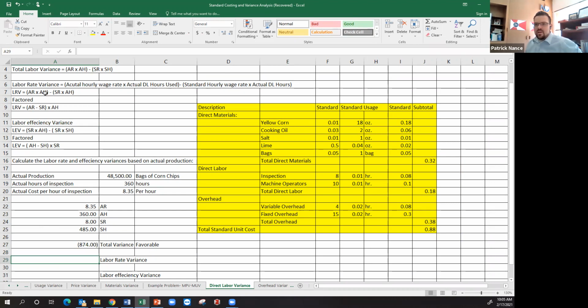So my labor rate variance is my actual rate times my actual hours minus my standard rate times my actual hours, or factored, it's actual rate minus standard rate times actual hours.